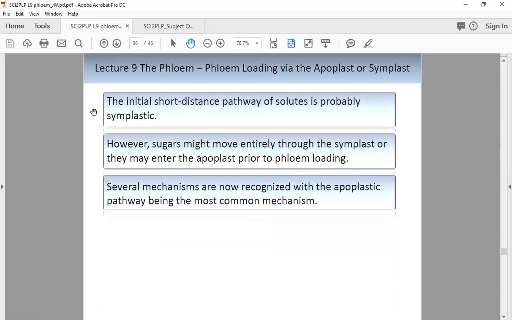Pressure-driven mass flow. All right, the initial short distance pathway of solutes is probably symplastic. They actually thought that the symplastic route was the only route that solutes took, but now they know that, and this depends also on the plant species in question, the sugars might move entirely through the symplast, or they might enter the apoplast prior to loading in the phloem.